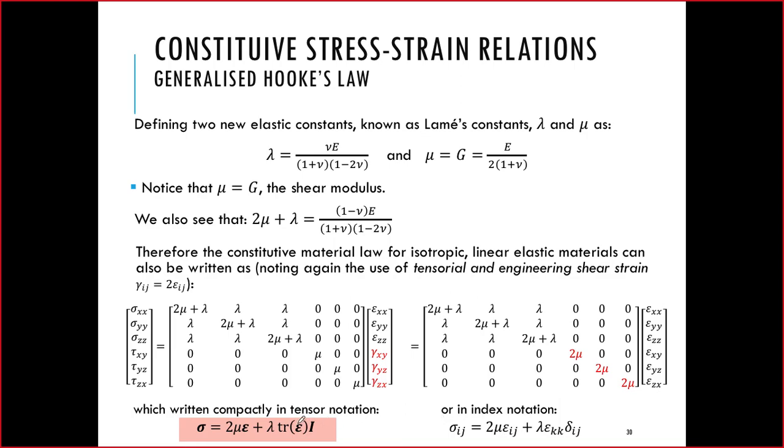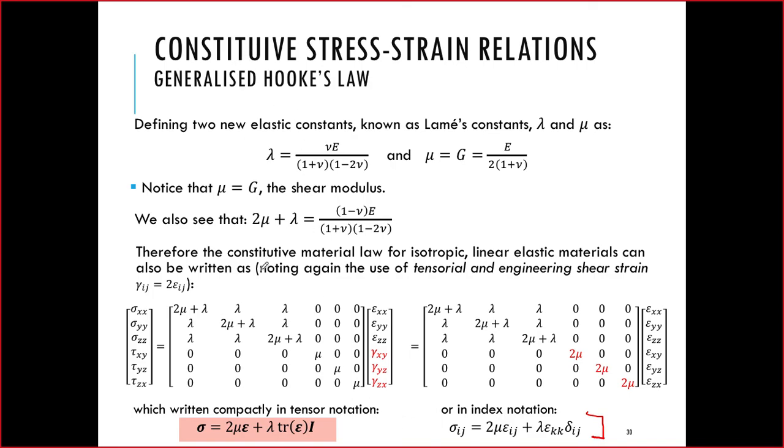Now a few comments: the tensor notation I think is easier to look at and understand, whereas in index notation, because this trace is being multiplied by an I, just go back and revise that the identity tensor is actually the Kronecker delta. So what will we have to write for the multiplication of these two? Be a bit careful about this.